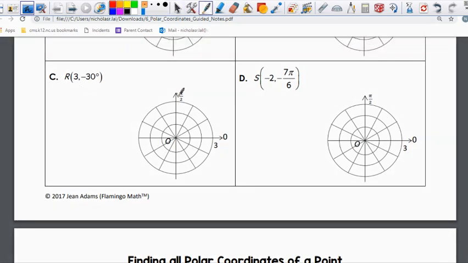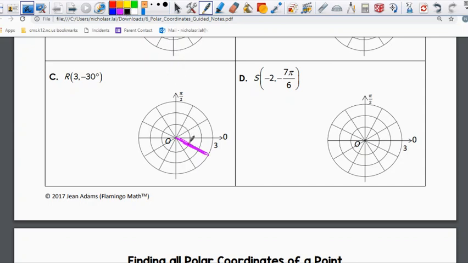Another example, we go -30 degrees. So we are facing right. We move clockwise 30 degrees. This is the line that's -30 degrees. And then we're walking 3 units forward.